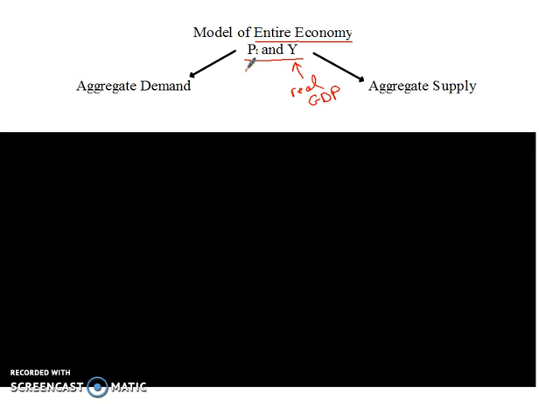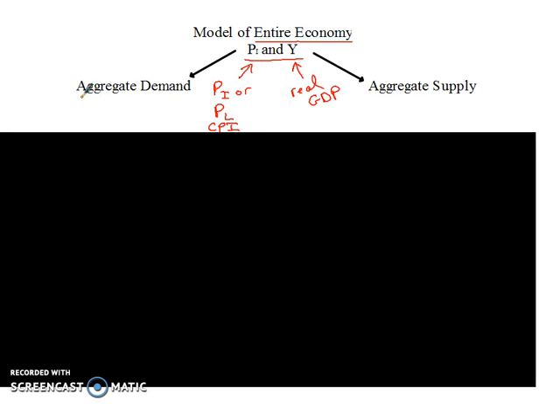And then the price index, or sometimes I'll call it the price level. It's the measurement not of one price on one good or service, but of all prices for all goods and services in society. We might use something like the CPI, the Consumer Price Index, to do this. So those are the two main variables.